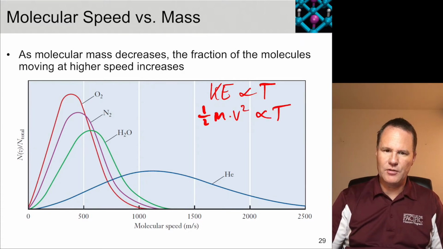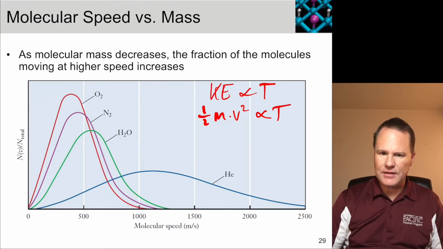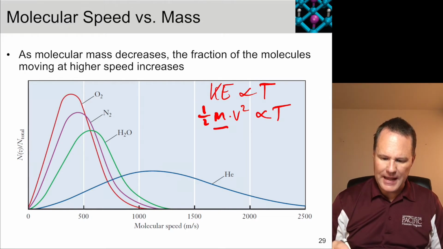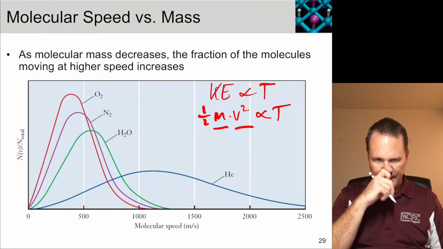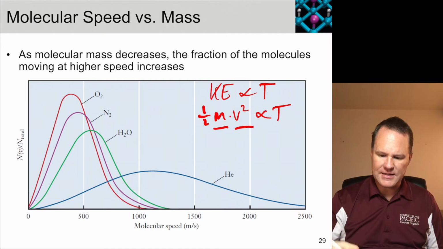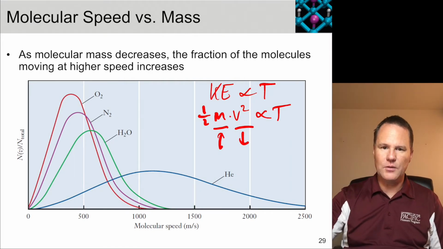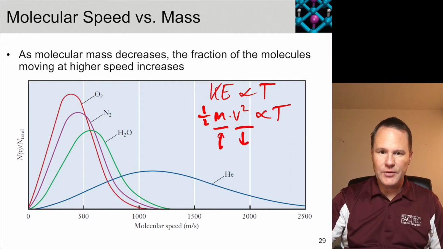And that is proportional to temperature. But the same for each gas. And so since this at the given temperature is constant, then what I have is the mass times the velocity squared is constant at the given temperature. Therefore, the higher the mass, if this increases, this will have to go down, right, in order to have the same kinetic energy.